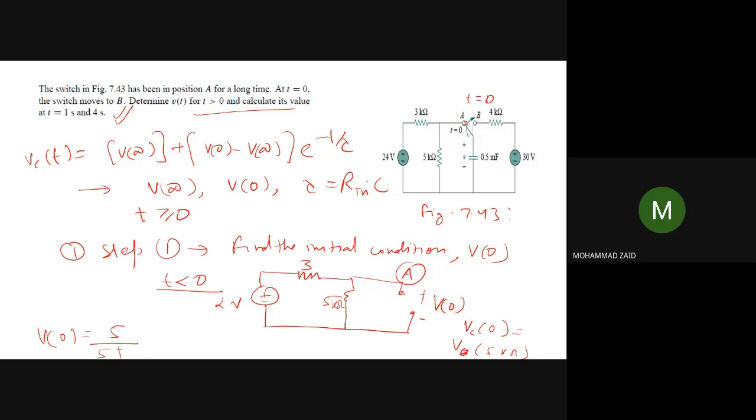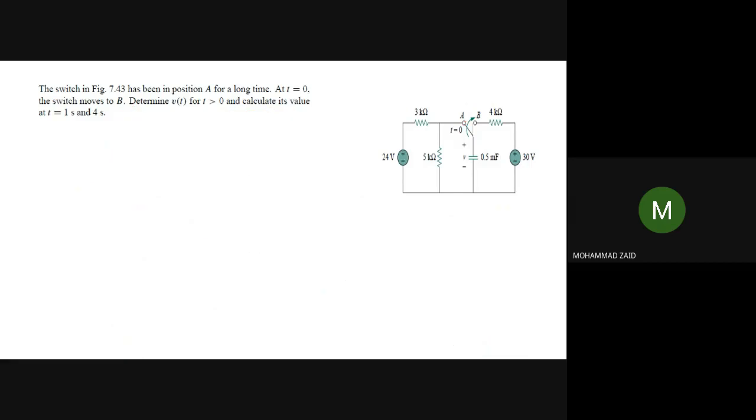We can quickly calculate it: 5 upon 5 plus 3 into 24 is equal to 15. So the initial condition V0 is now known to us, 15 volts.